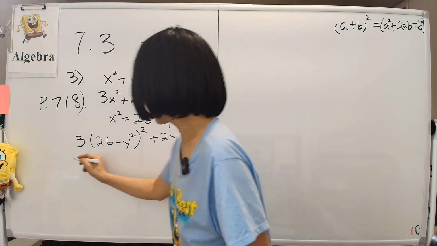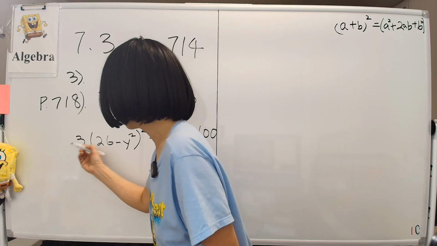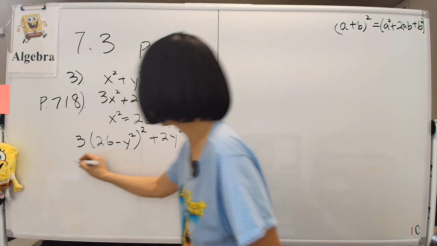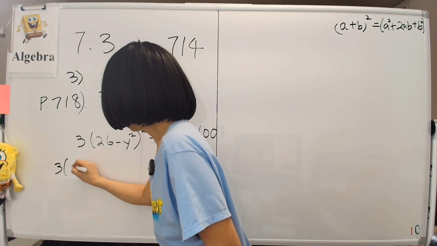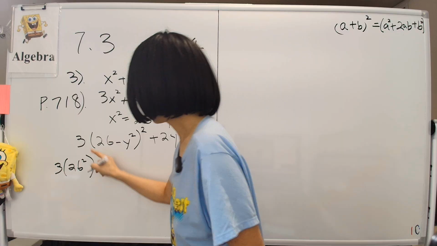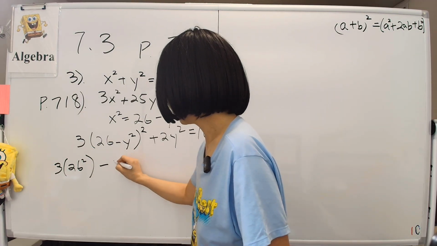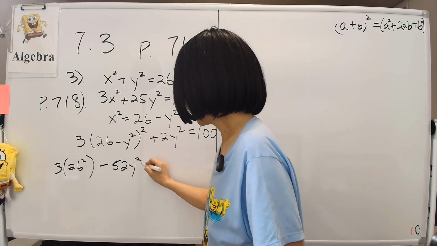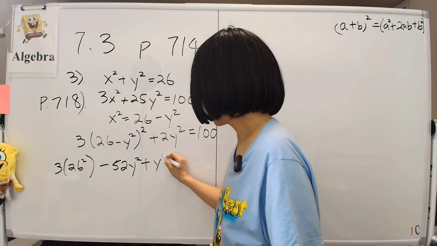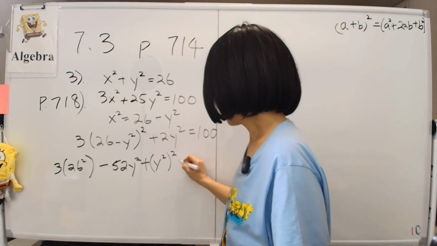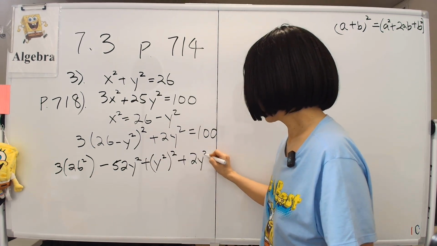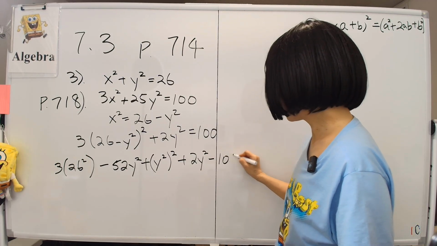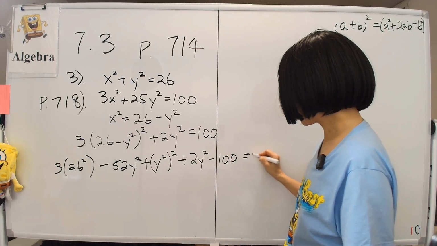So that would be 3 times 26 squared, minus 26 times 2, that's 52y squared, and then plus y squared squared again, and then plus 2y squared, and then minus 100. I moved 100 to the other side, and that gives us 0.